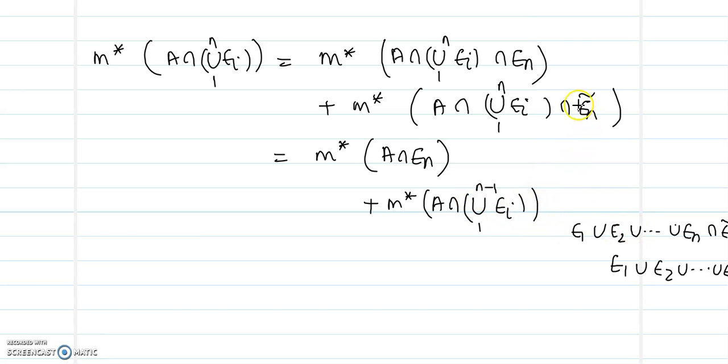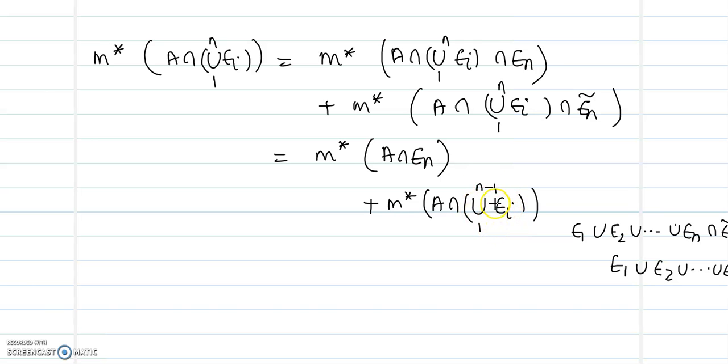So En ഉണ്ടായിരുന്ന ഇതുമായിട്ട് union എടുക്കുമ്പോൾ നമുക്ക് phi വരും. Okay. So this is what we are getting. So m star of A intersection union 1 to n Ei will be m star of A intersection En plus m star of A intersection union 1 to n minus 1 Ei.